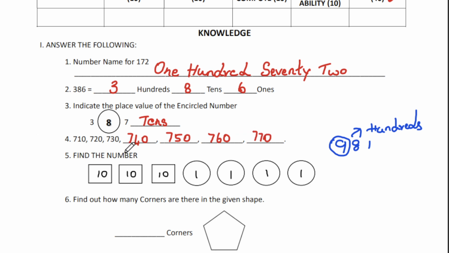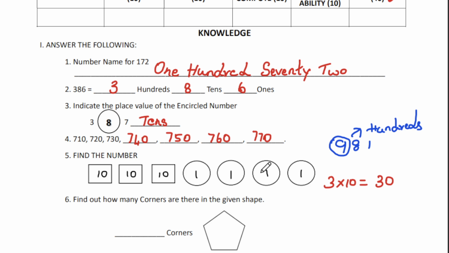So now we have to find the number. In each square box we have given number 10, and in each circle we have number 1. So first we will see how many square boxes we have. We have 3 square boxes with number 10. So 3 into 10, which is 30. 3 tens are 30.